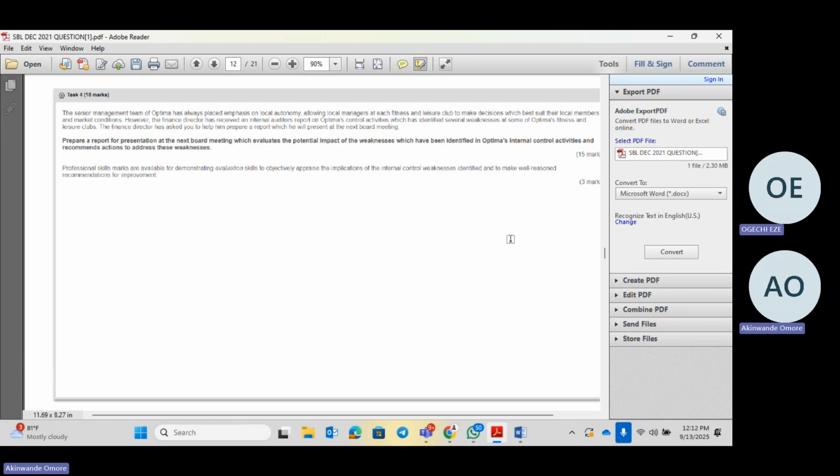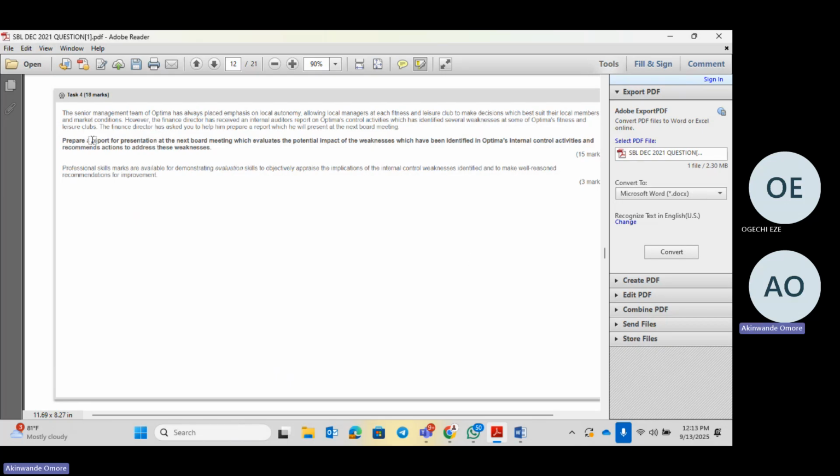However, the finance director has received an internal audit report on Optima's control. Immediately you see an audit report, your brain will go to what? Exhibit 8, which has identified several weaknesses at some of Optima's fitness and leisure clubs.